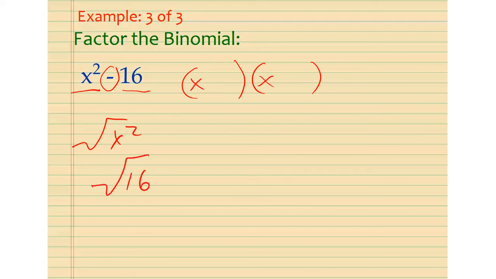The square root of 16 is 4, so 4 goes in the back of each binomial. And I put a plus sign in one and a minus sign in the other, and there we go. I just factored x squared minus 16. Now you can see why it's so important to have those perfect squares memorized.